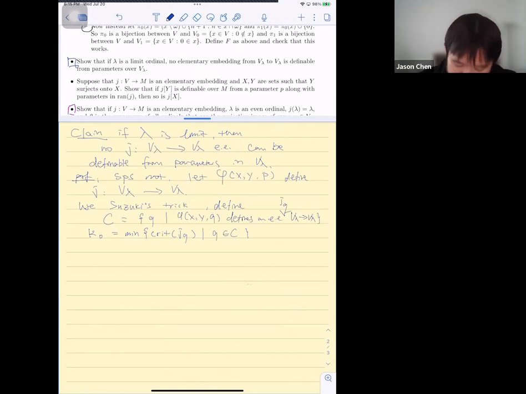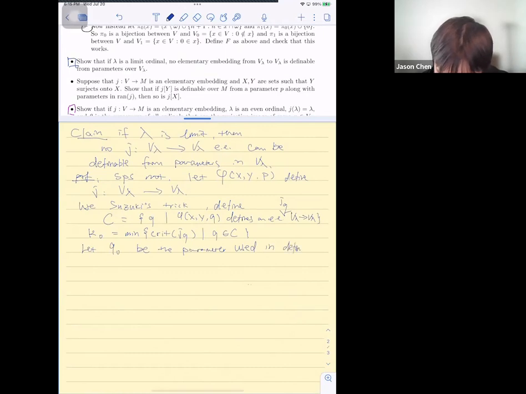And then let Q0 be the parameter used in defining the J we suppose to be definable.